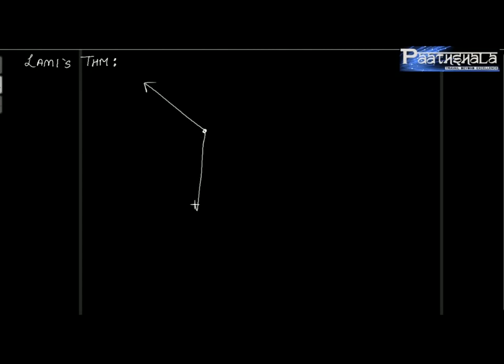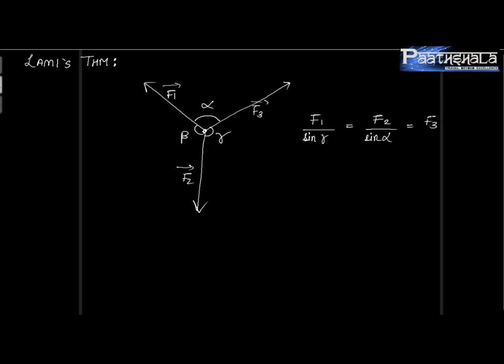What it says is, if three concurrent vectors add up to give a zero resultant, this angle being alpha, this angle being beta, and this angle being gamma, then these vectors f1, f2, and f3 are related as f1 upon sine gamma is equal to f2 upon sine alpha is equal to f3 upon sine beta.